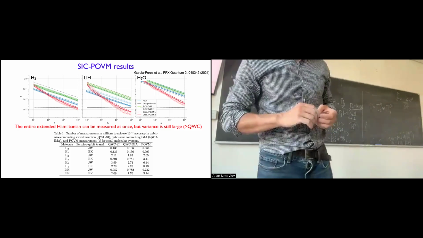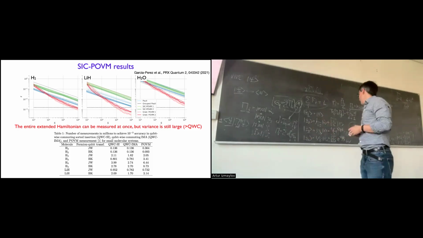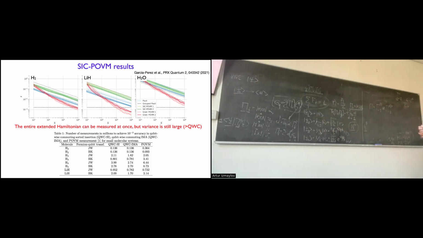Anyway, this is sort of the story, and the idea is really, if we boil it down, let's say we have a Hamiltonian like this, right? Then if we measure without any extra qubits, we measure either in the Z basis or in the X basis.